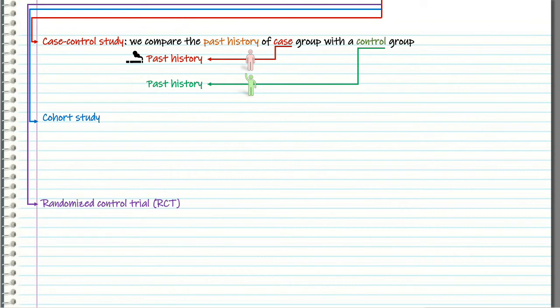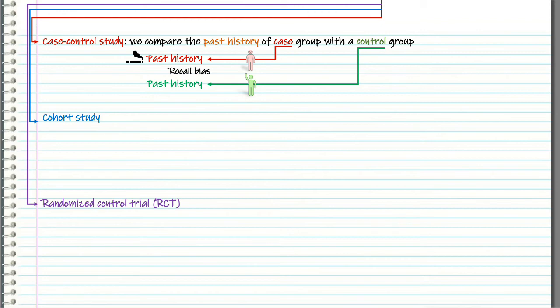So we start thinking that smoking might be a risk factor, as an example. We also have some problems with the case control study. If we don't use recorded data from the past, like hospital records, and only ask the people, we may have some bias like recall bias.